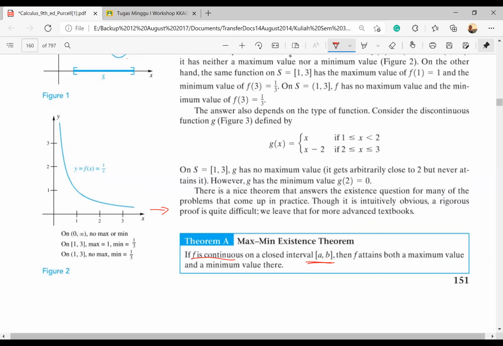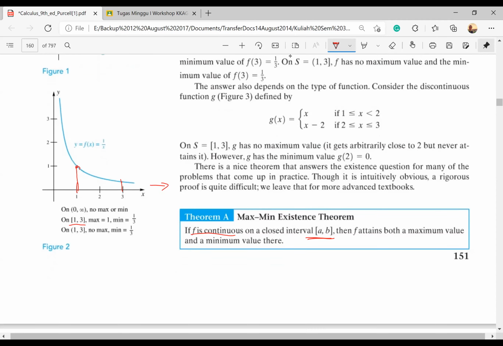So there is no min in this case. However, if you restrict this on say [1, 3] here, then you have max here and min here, right? So this is continuous and a closed interval.